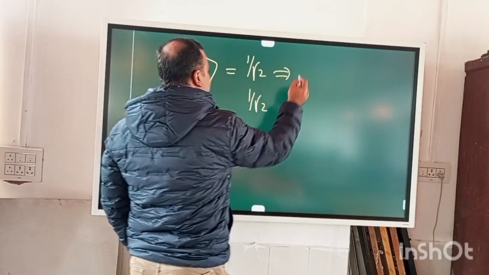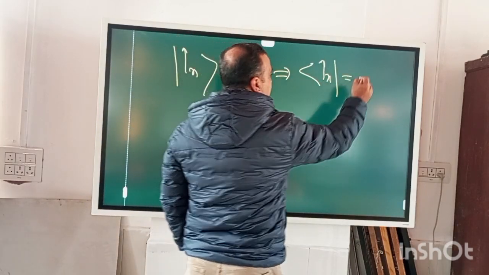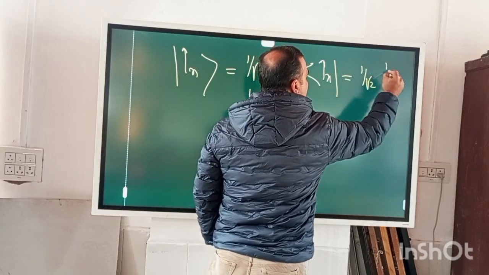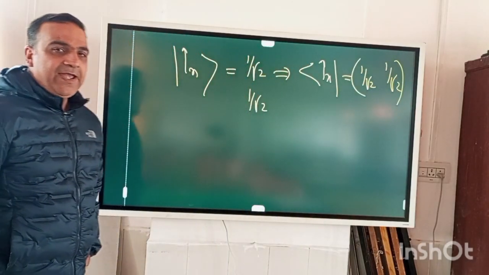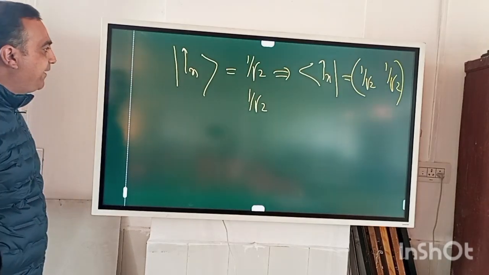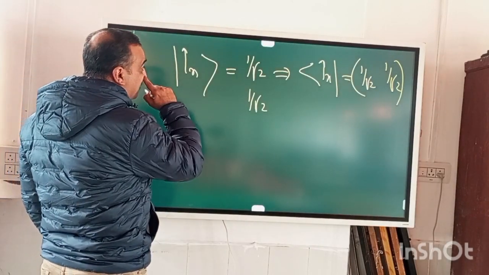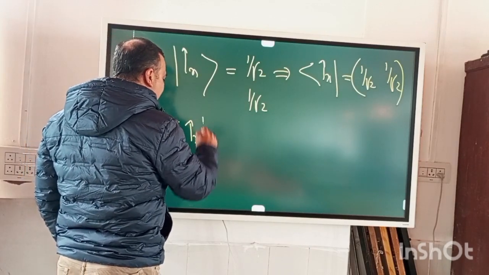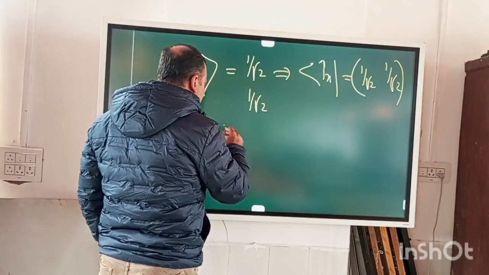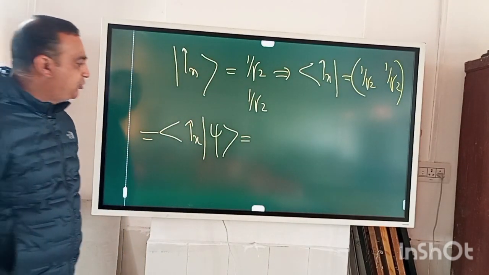So this implies the bra of spin up along x will be 1 by root 2 and 1 by root 2. Now, I take this bra of spin up along x and act it on psi. This is what I'm supposed to do.